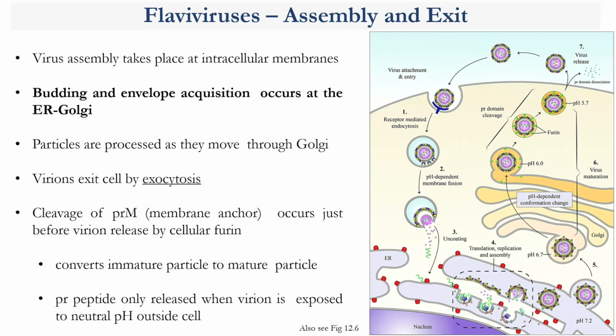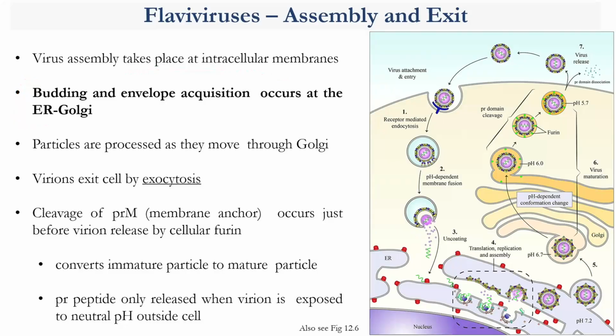Once you carry out the whole replication, which gets fairly complicated, so I'm not going to go into super detail, your virus assembly is going to take place at intracellular membranes, and as you go through, the virus will bud off from the ER and Golgi membranes, ER Golgi compartments, okay?